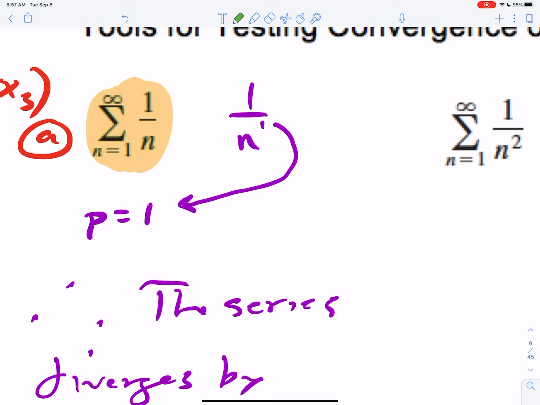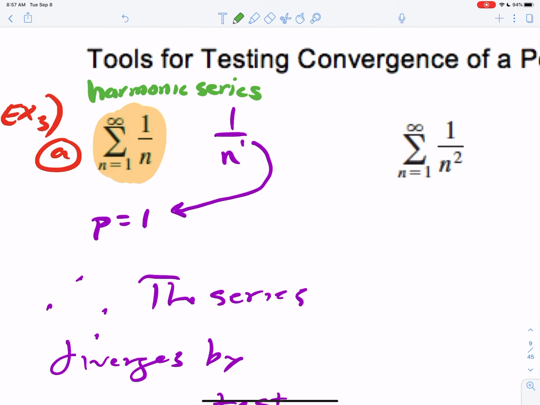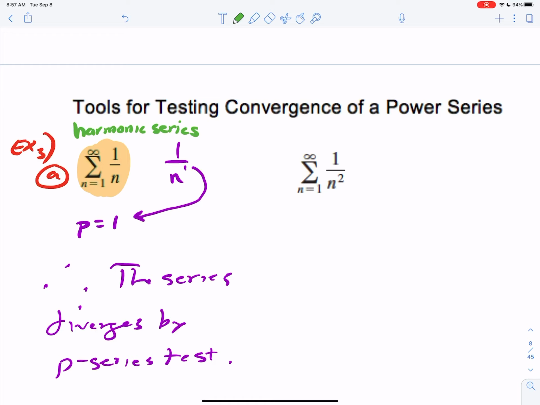We have a special name for it. It's called the harmonic series. It is a common understanding that a harmonic series diverges.